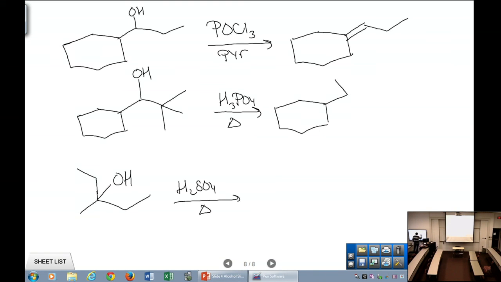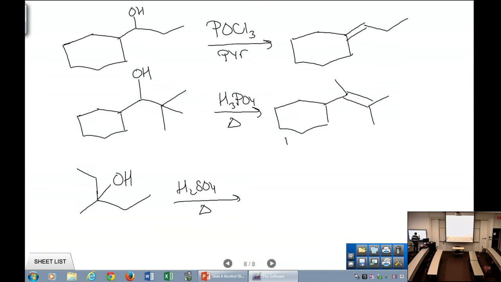We could get a methyl shift, or we could get a hydride shift.